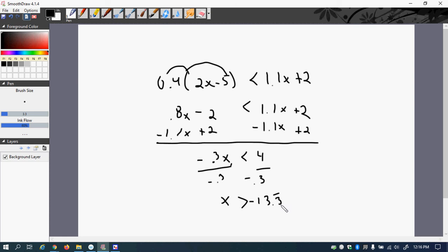And so here's my inequality. So my solution would be x such that x is greater than negative 13.3 repeating, and I close it.